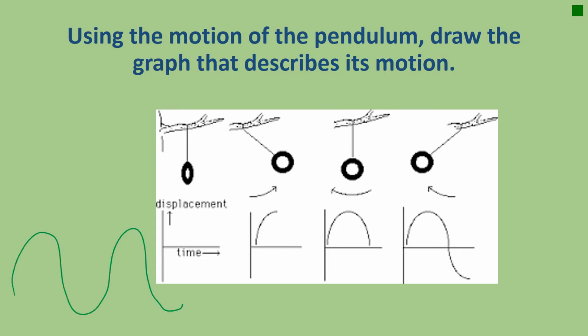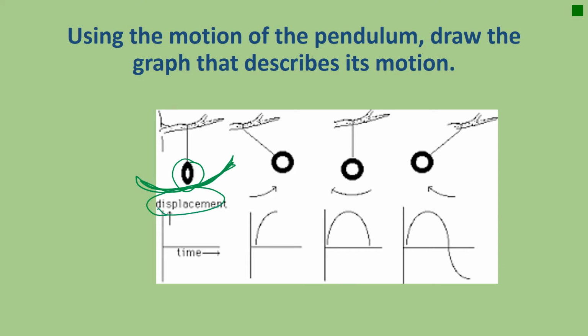What this graph shows right here is that we have a tire, and once again, it's like a swing, back and forth, back and forth. We are graphing displacement, how far from the origin it is, how far from where it started. This is the starting point right here, then we move to the right. So we are going away from the origin, and then the swing moves back to the origin.